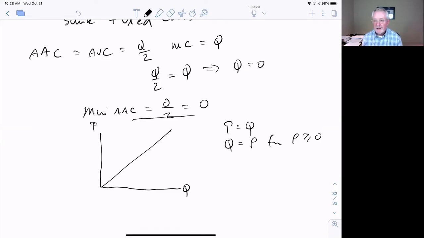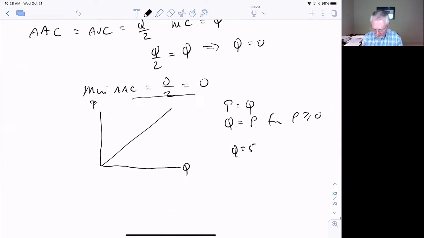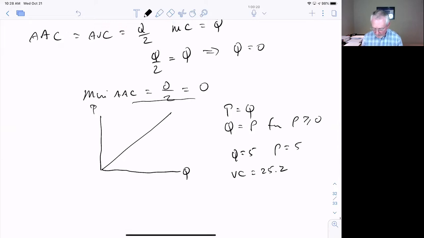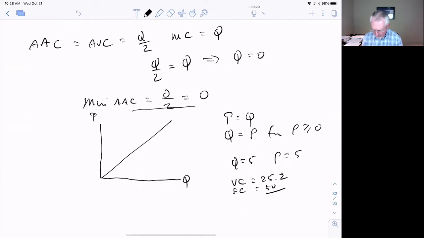And if Dan were selling less than 10 pizzas, suppose that Q equals 5, then Dan would have a variable cost of 25 over 2. This would occur at a price of 5. So Dan would have a variable cost of 25 over 2, but his fixed cost would be 50. His avoidable fixed cost would be 50. So he would have a total cost of 75.5.